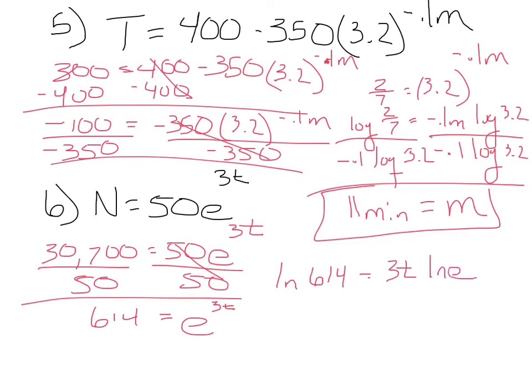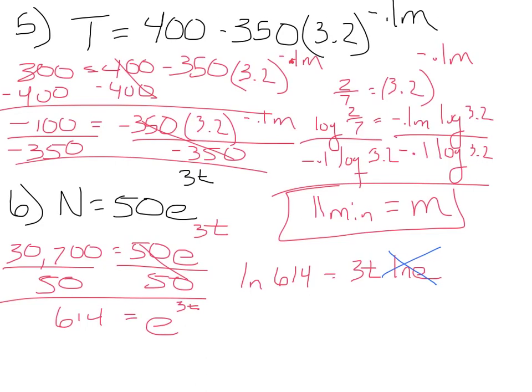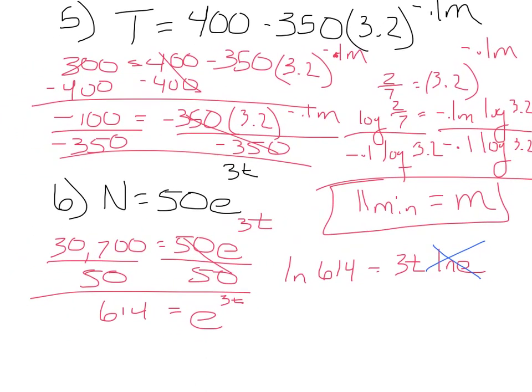I believe we've discussed this already. ln e is just equal to 1, so you can cross it off. And really, to solve for t, all you're doing is dividing by 3. So ln 614, make sure you close parentheses there, divided by 3, to the nearest hundredth of an hour is 2.14 hours.